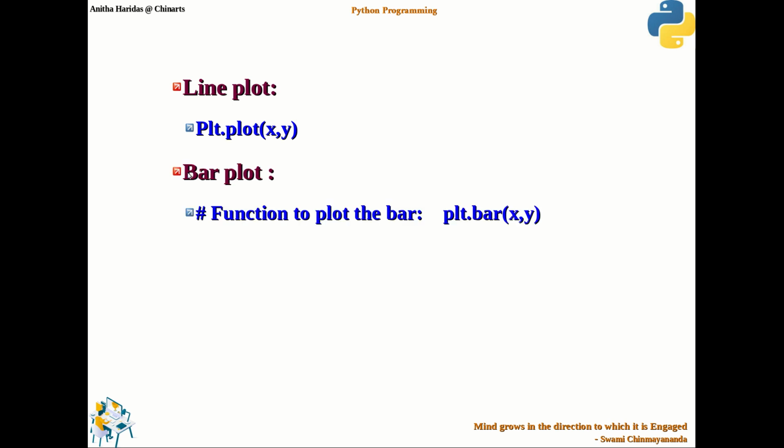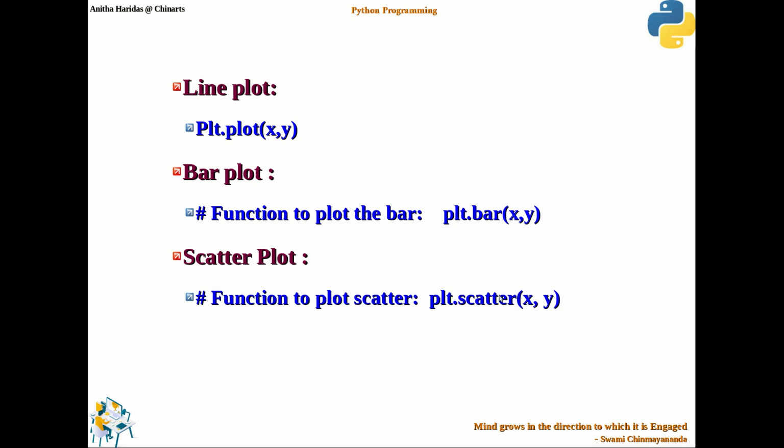And if you want to plot a bar chart, we will be using the bar function. If you want to plot a scatter plot, then we go for the scatter function. And if you want to have subplots, we will go for subplot, which is nothing but drawing multiple plots in one graph itself, right? So we'll be seeing all these things one by one now with suitable examples.